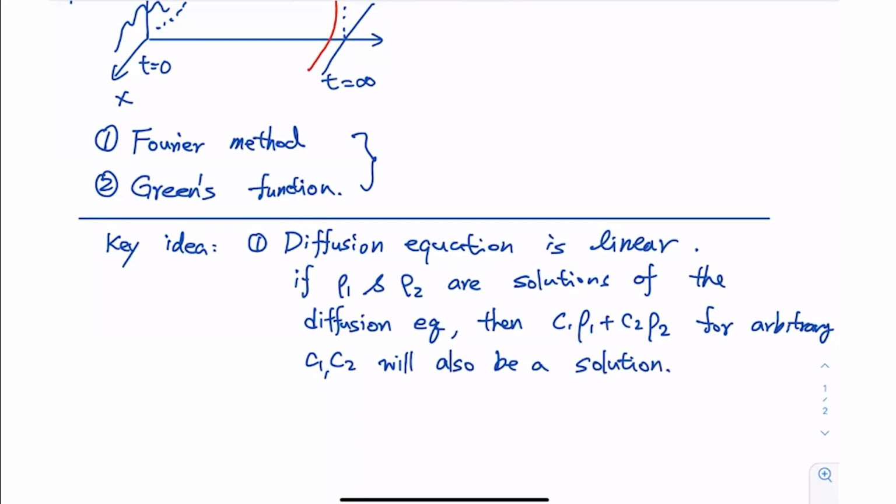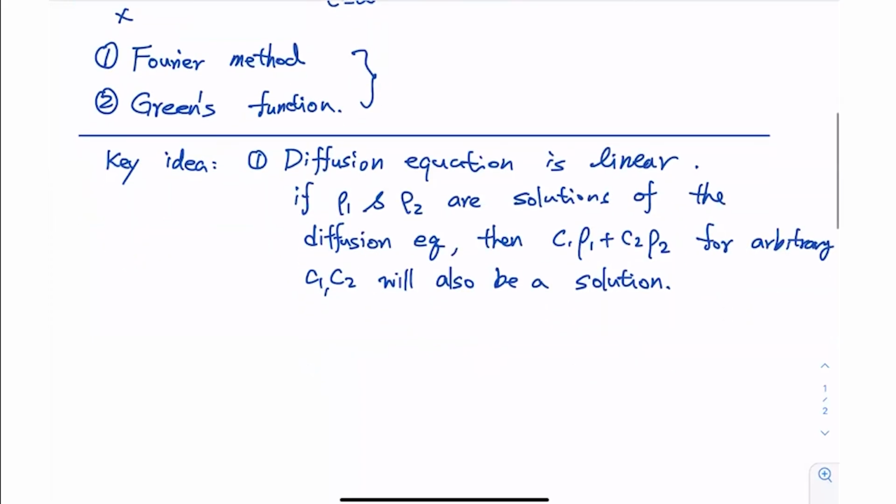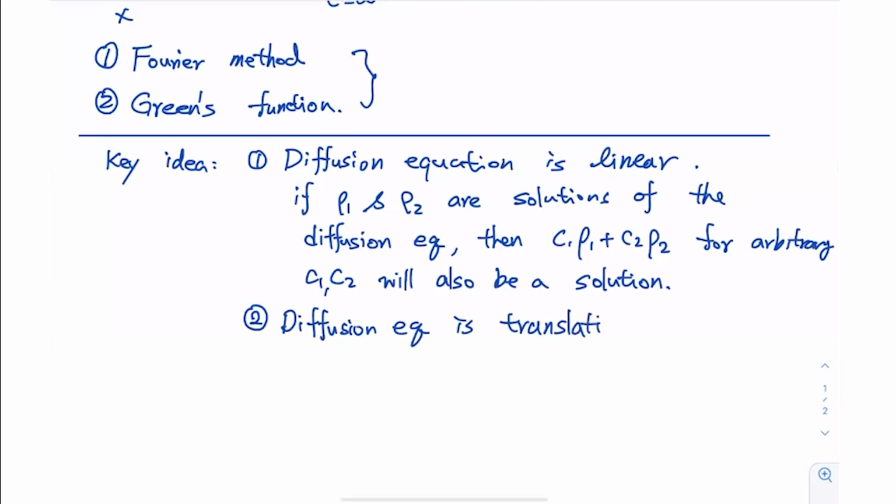That's one important observation. And the second important observation is that the diffusion equation is translationally invariant.